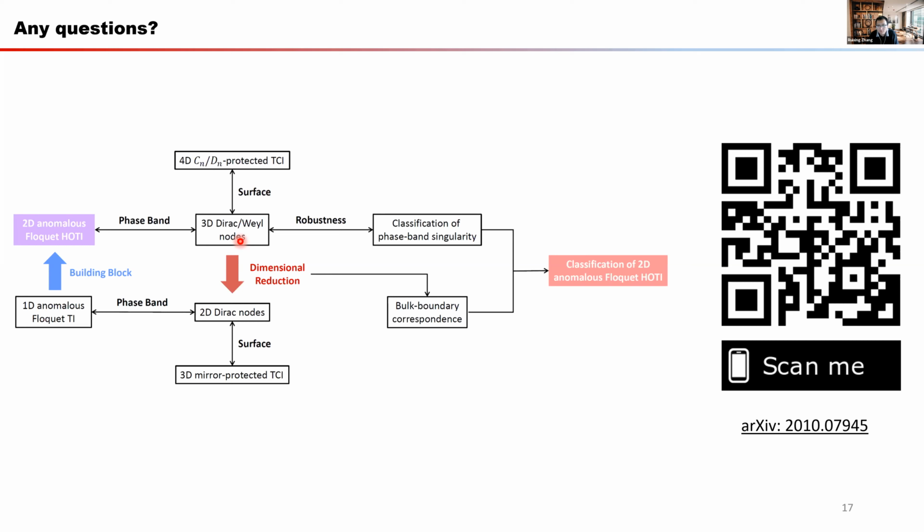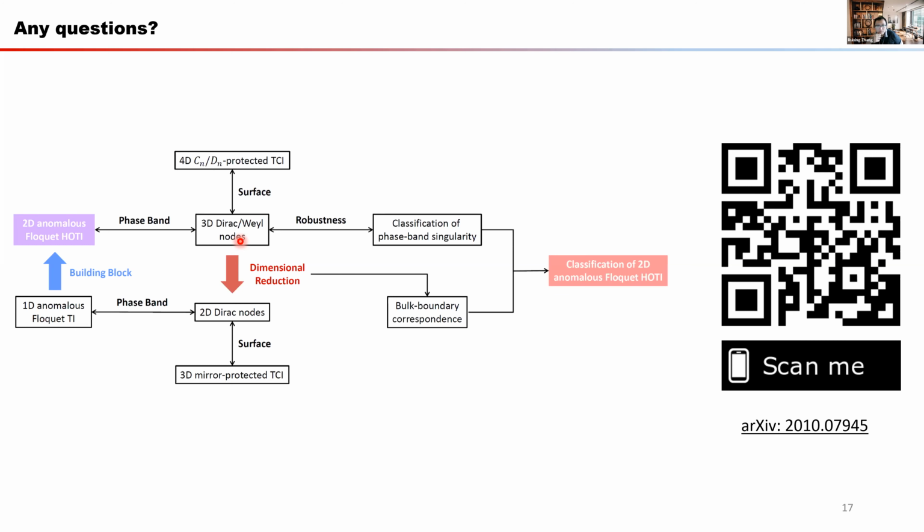But in this case, even for a spinless system, the time mirror and the spatial mirror can anticommute. So this means the symmetry operation here is not just like a conventional space group, but the symmetry operations sometimes act on each other in a projective way. So that's a slight difference.